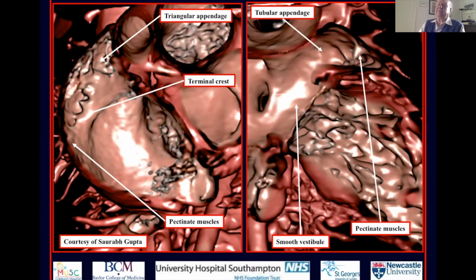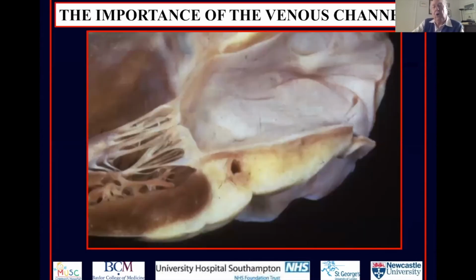So now, according to Saurabh, any of you, providing you have access to a Mac, you can download the HOROS software, and you can yourselves manipulate these amazing computed tomographic data sets that permit you to understand normal venoatrial anatomy.